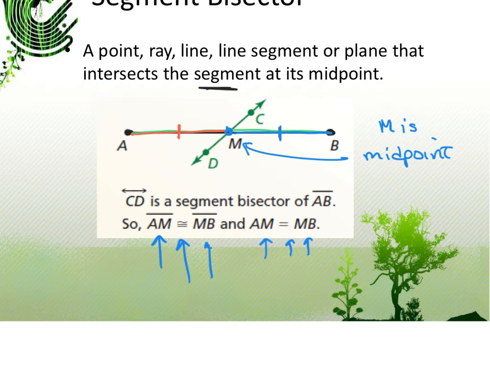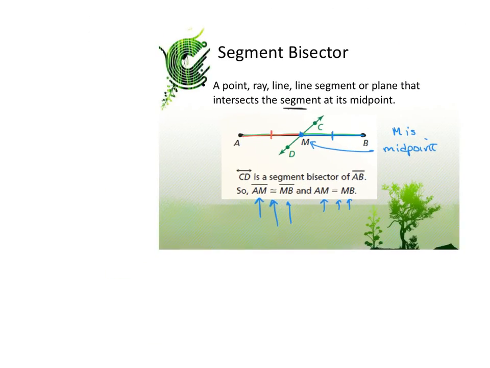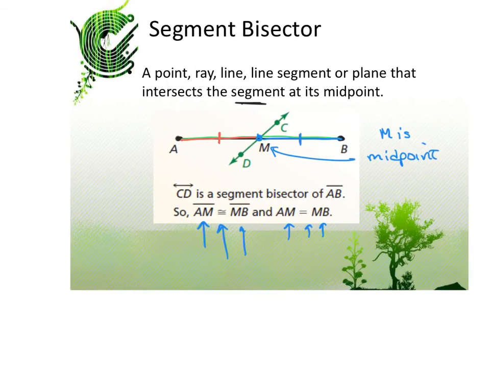Now, keep in mind, you cannot bisect a line, a ray, or a plane. These cannot be bisected, but they can be bisectors.